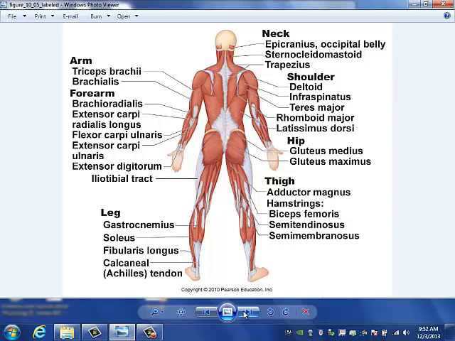How many muscles do we have? It's over 700-ish. Okay? How many bones did you have that you whined about memorizing? 206. Are you going to have to memorize all the muscles, though? No. That would be cruel and inhuman.